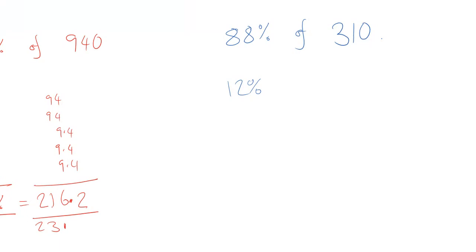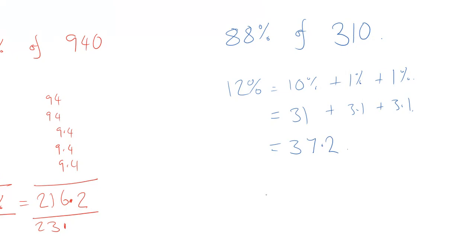So my 12% could be made up of a 10% and a 1% and a 1%. So we can work those out. That's going to be 31 plus 3.1 plus 3.1. Okay, now if we work that out, we are going to have 37.2. So we've got our 12%.